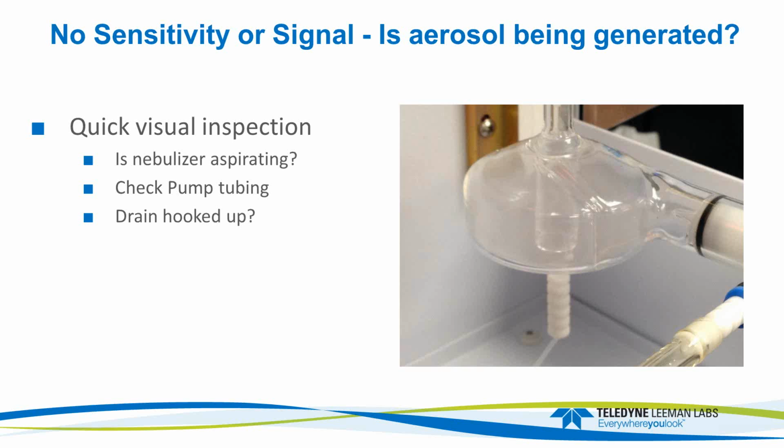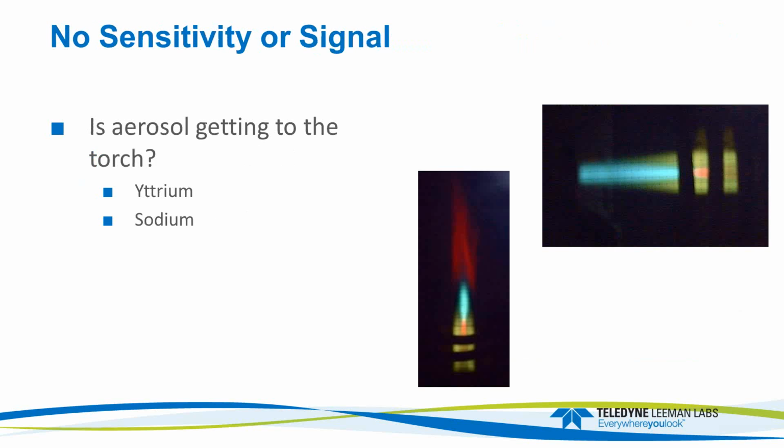Okay. If I do have aerosol and that all looks good, the next thing I check is whether the aerosol is getting into the torch. So I always keep a bottle of 1,000 ppm yttrium next to the instrument, and if there's any question about whether I'm getting stuff into the torch, I run the yttrium. On the vertical one, you'll see the pink, blue, and red.